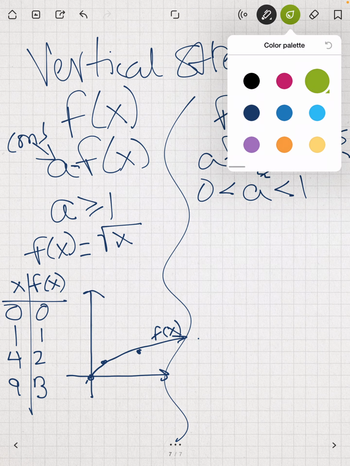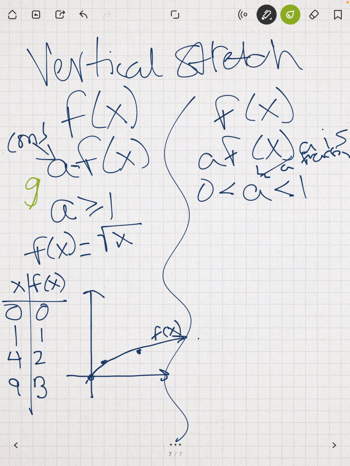But now, consider some g of x that's 4 times the square root of x. So that means our g of x is going to be 4 times whatever this value is. So 4 times 0 is still 0, but now we have 4, 8, and 12.